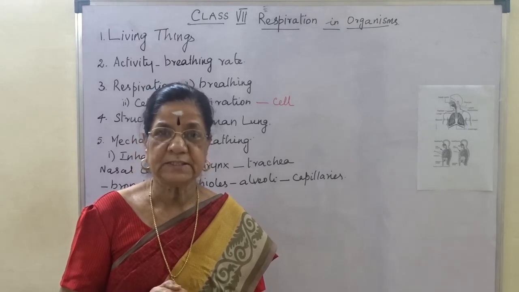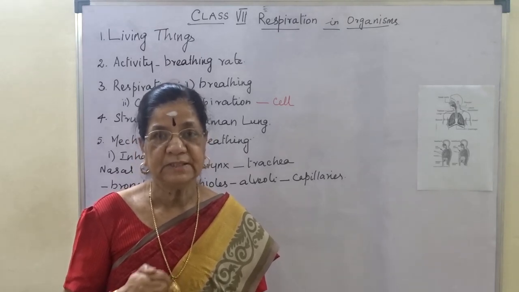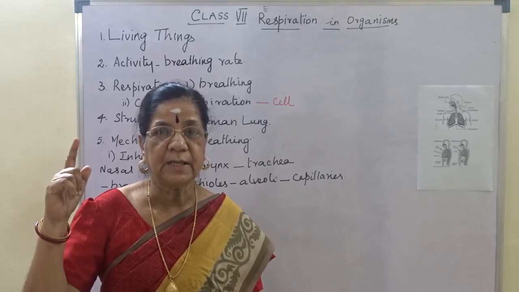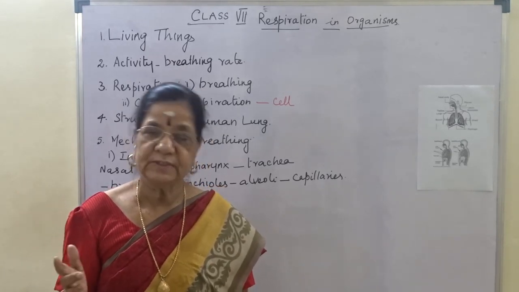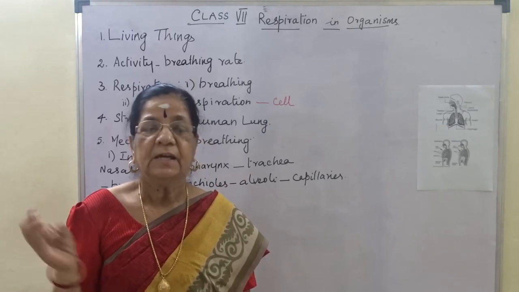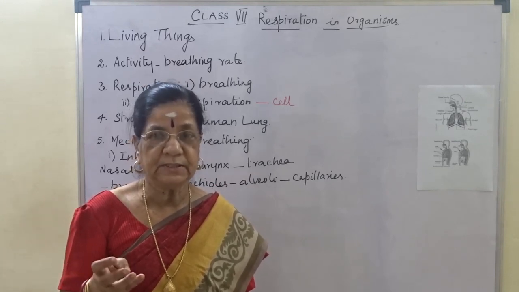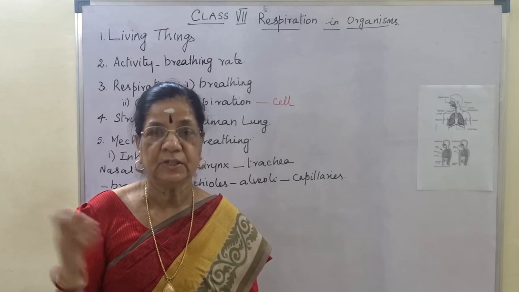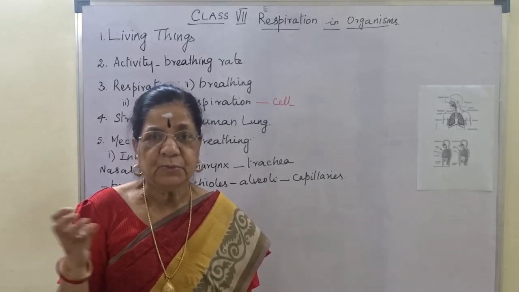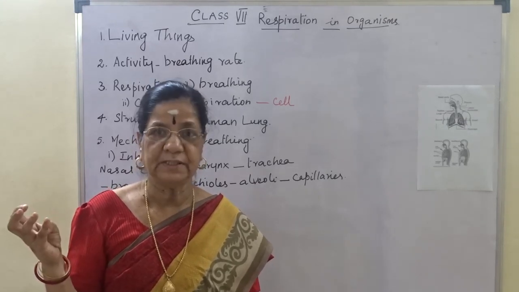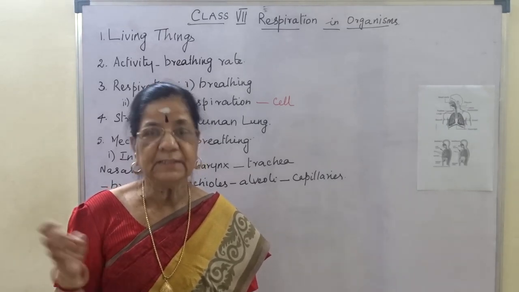Now, this respiration, normally we say, when you are asked to climb up the stairs, at your age, you will just move. You can just climb up easily. A middle-aged person, say 35 to 40 years of age, when asked to climb up, may be moving at little speed.